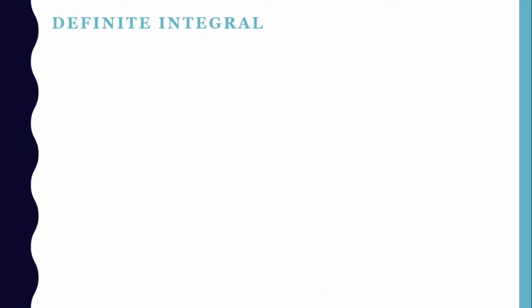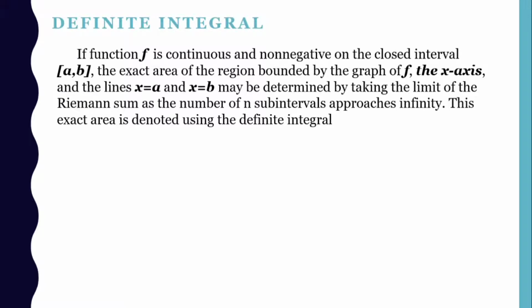Now, how about the definite integral? If the function represented by f is continuous and non-negative on the closed interval a to b, the exact area of the region bound by the graph of the function f, the x-axis, and the lines x equals a and x equals b may be determined by taking the limit of the Riemann sum, the one that we had earlier, as the number n of subintervals approaches infinity.